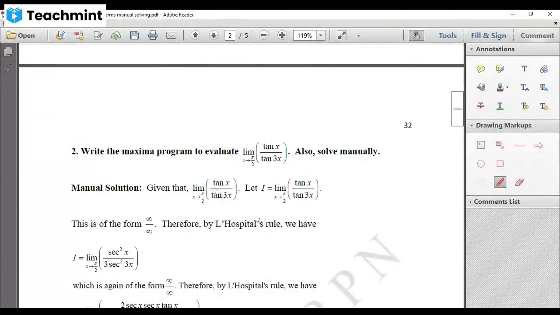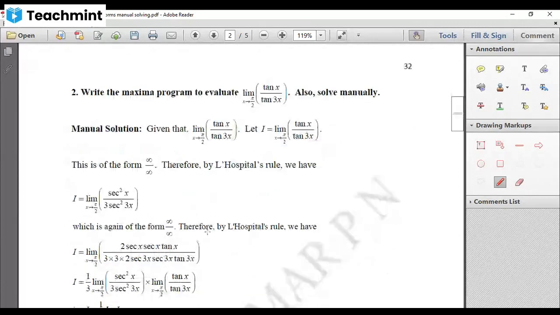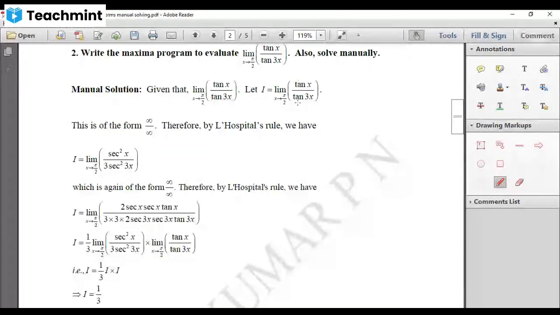And for solving this, what we do is we call this answer, after evaluation of this, as some I, because we are having tan x and tan 3x and both are not going to vanish at any point. So we call this limit as some I. Now, since this is of the form infinity by infinity, we apply L'Hopital's rule.